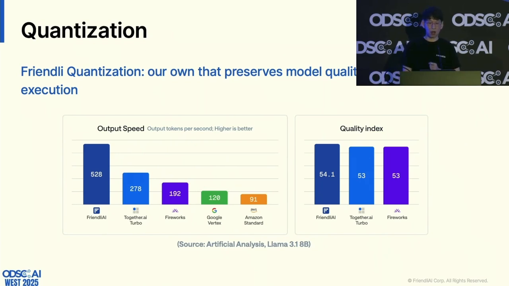The graphs here are performance and accuracy results for Llama 3.1 8B from Artificial Analysis, a third-party benchmark site. As you can see, even for the same model, FriendliAI provides higher quality than other service providers like Together and Fireworks, and it's faster.